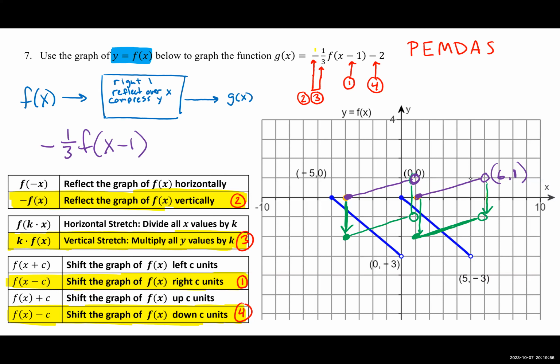Let me get rid of the purple. We're done with the purple. Again, that was just like the work on the way to getting our answer. So we're done with that. We're done with those arrows. All right.